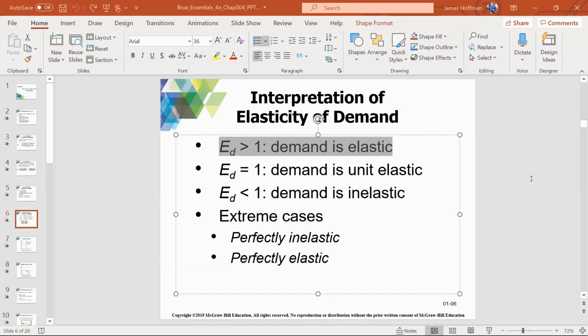Let me make a note here that the elasticity is calculated from different points, and therefore the elasticity can change. When you calculate elasticity on a demand curve, you'll get different elasticities along the demand curve.